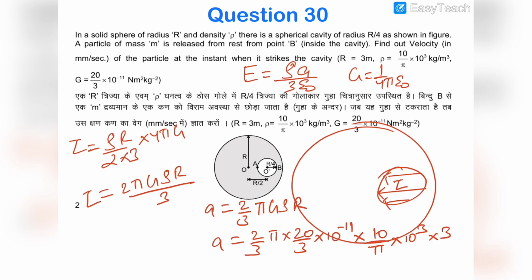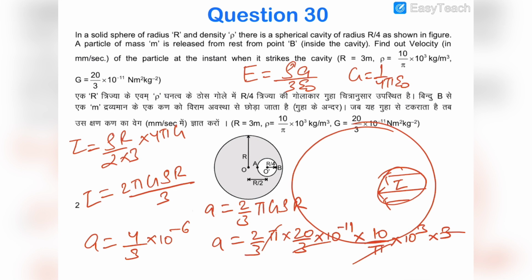So you can see that cancelling pi with pi, 3 with 3, A will be equal to 4 into 10 to the power minus 8 and 10 to the power minus 7, and this is 10 to the power minus 6. So this is 4 by 3 into 10 to the power minus 6.